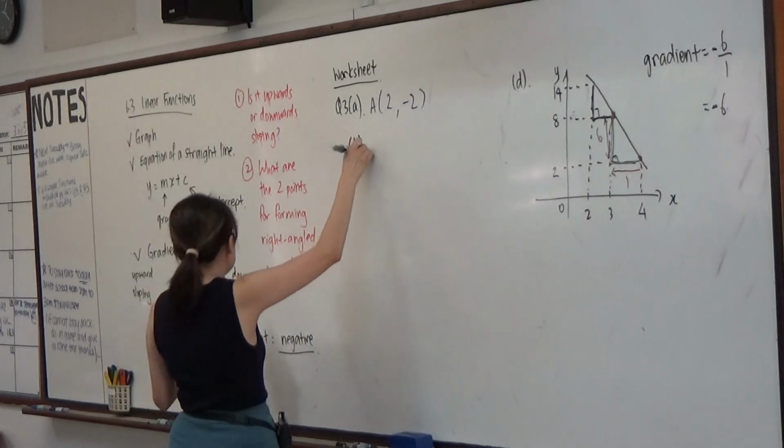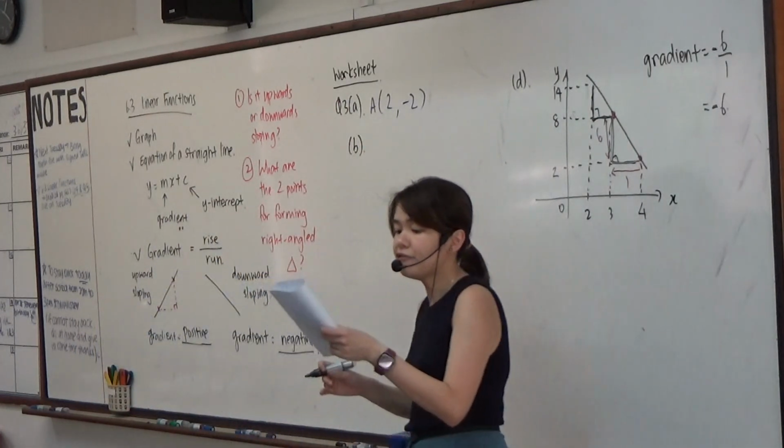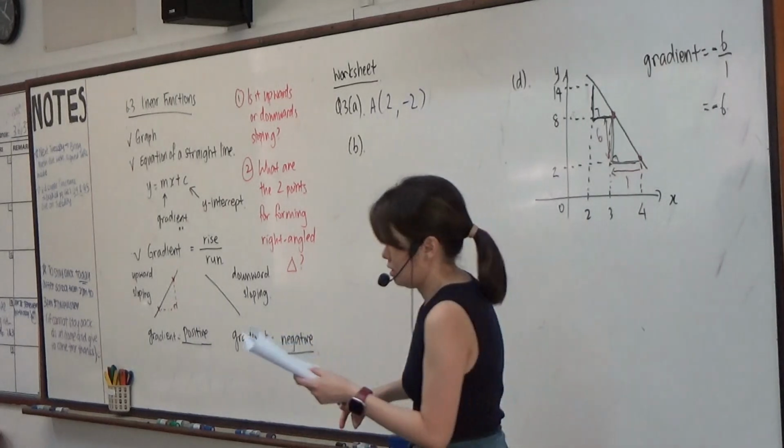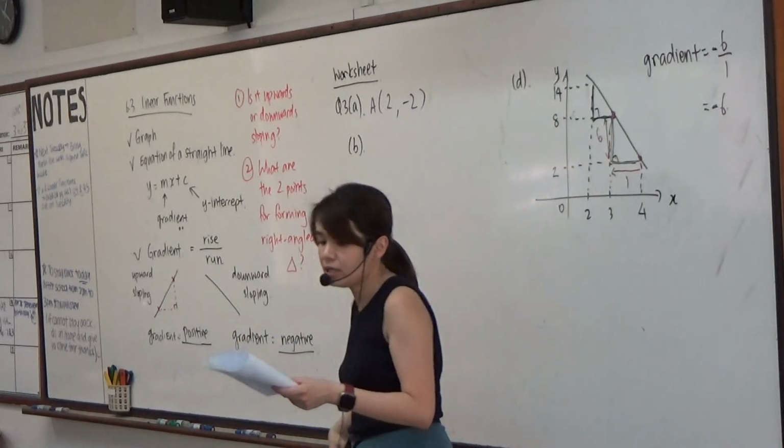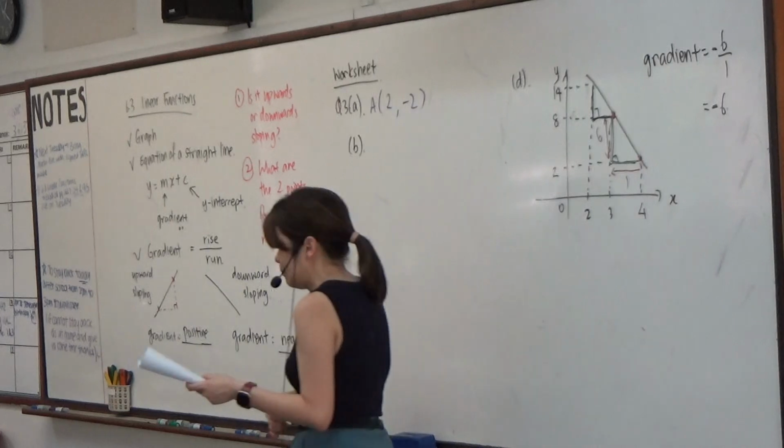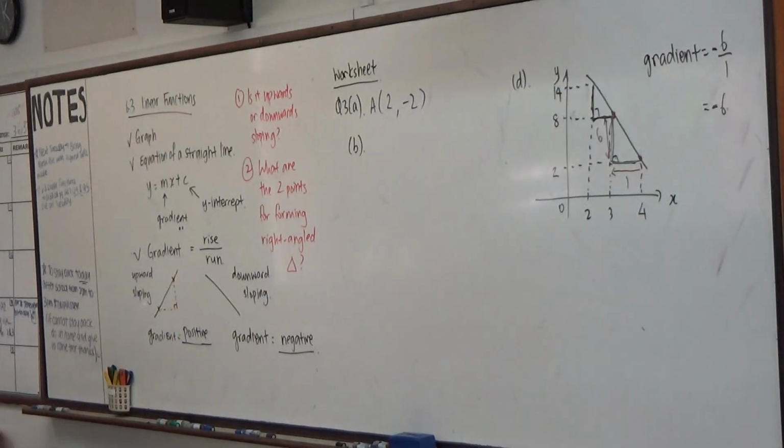Now looking at part B, we want to find out what is the gradient. I'll give you 1 minute to work out the gradient on your own before we run through the answer.